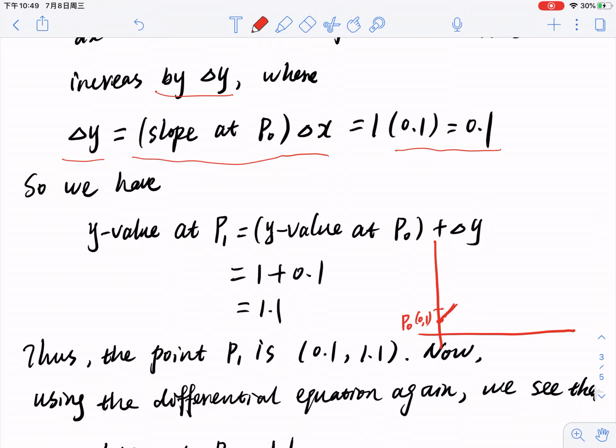So this slope is 1, and delta x is 0.1. As delta y we get is also 0.1. So we get here P1.